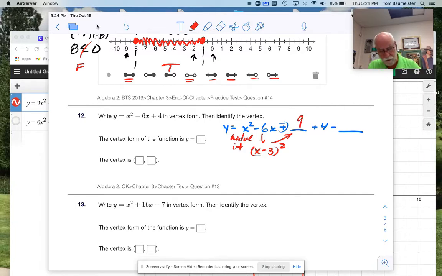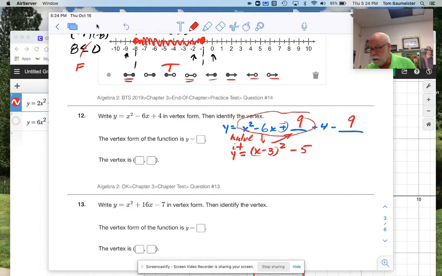And remember, since I have a +9 there, I have to put a -9 there. All right. So we just did this part right here. That's our perfect square trinomial x minus 3 squared. And then I have plus 4 minus 9, which is minus 5. And remember, that's y equals.